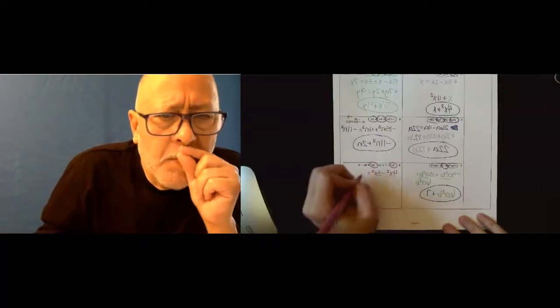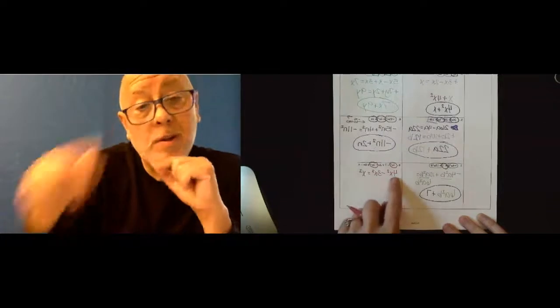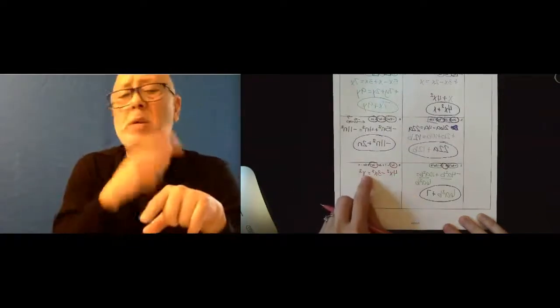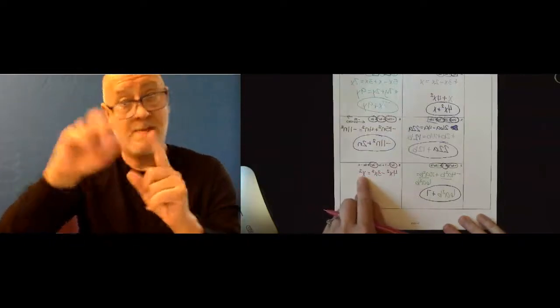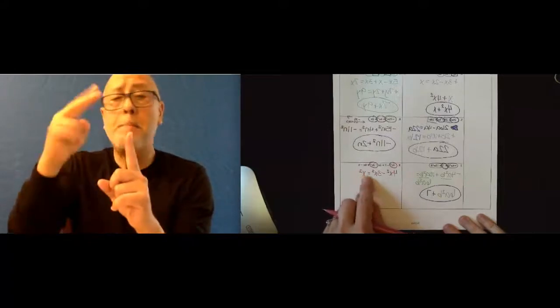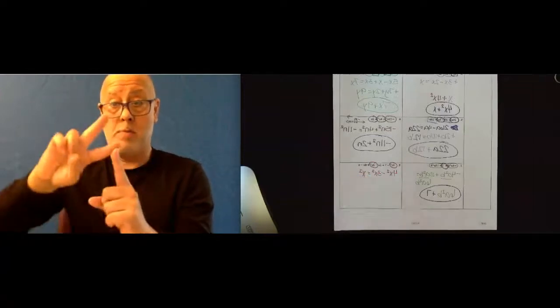So what's left? Just the x squared. So 4 minus 3 is 1, but we don't write the 1 if it's in front of a variable. Doesn't matter what power it is, we don't write the 1 in front of a variable. So we're left with x squared.